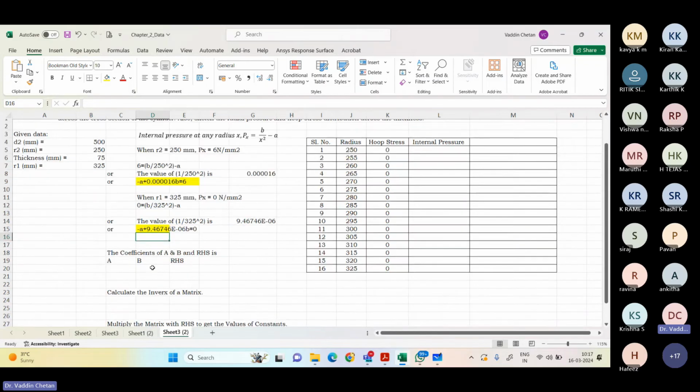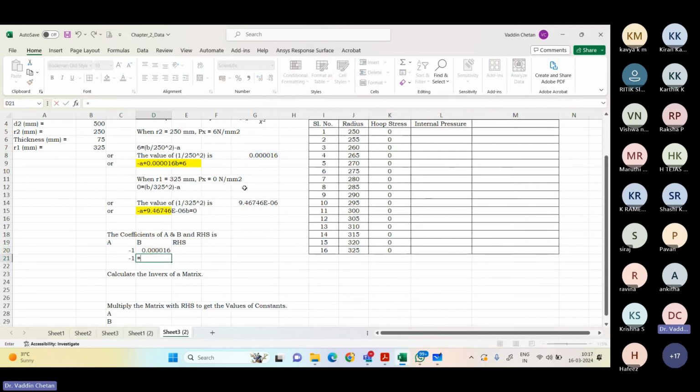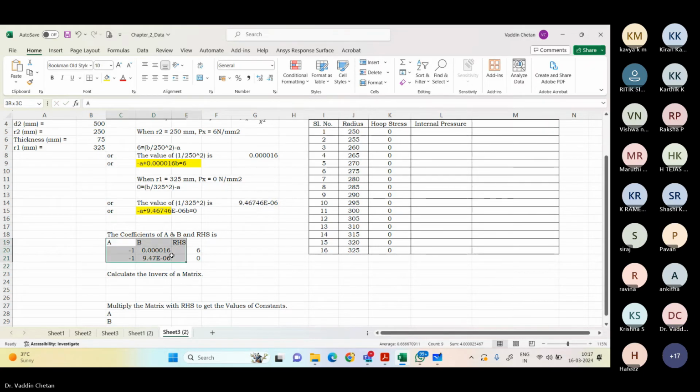So first, convert these two equations into matrix form. That means minus 1, minus 1, and this will be the value of this and this will be the value of this. And my RHS will be: the first one is 6, the second one will be 0.